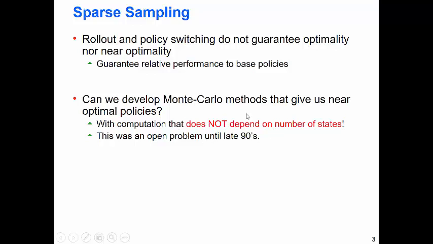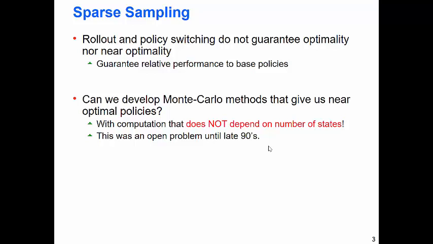We're going to first talk about this algorithm called sparse sampling, which is a pretty simple idea, especially if you've ever seen tree search, like minimax search or heuristic search. Sparse sampling came about around the 90s, when there was this open problem: if you have an MDP, are there algorithms that can be near optimal whose runtimes are independent of the size of the state space?